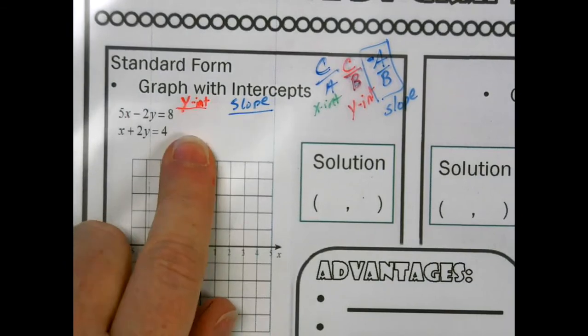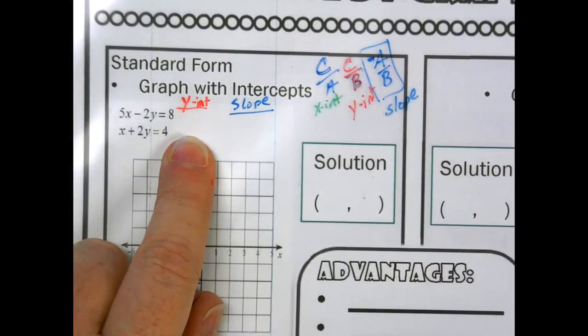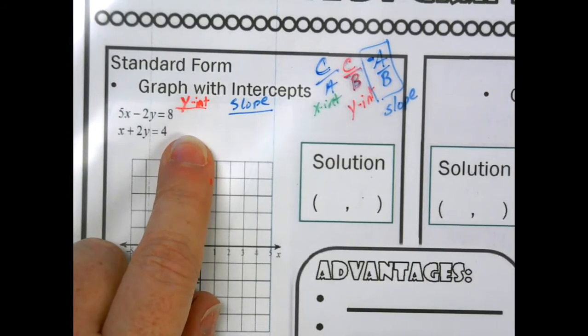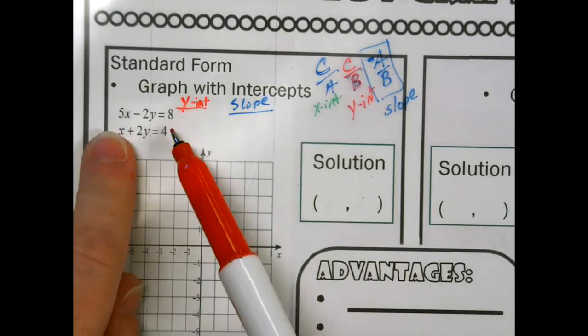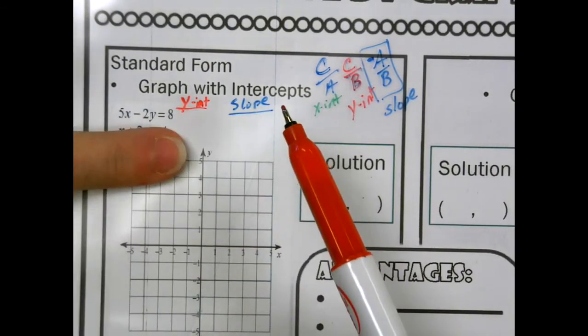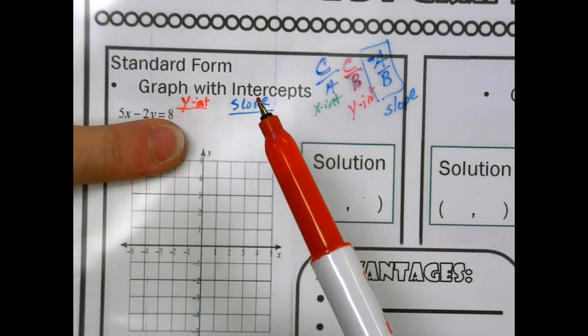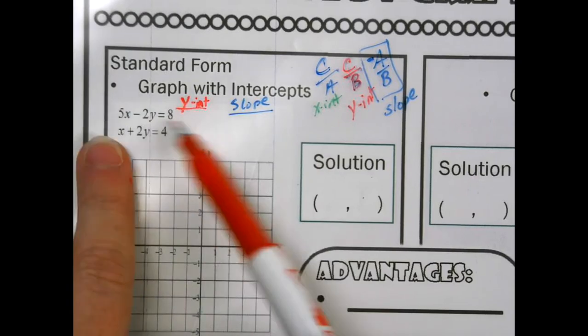So for the y-intercept, I'm going to take C over B. What am I talking about when I say C over B? Which one of these numbers is my C? The 4? Yes, if I were talking about that equation, but I'm talking about the top one. 8. A, B, C are in alphabetical order, right?